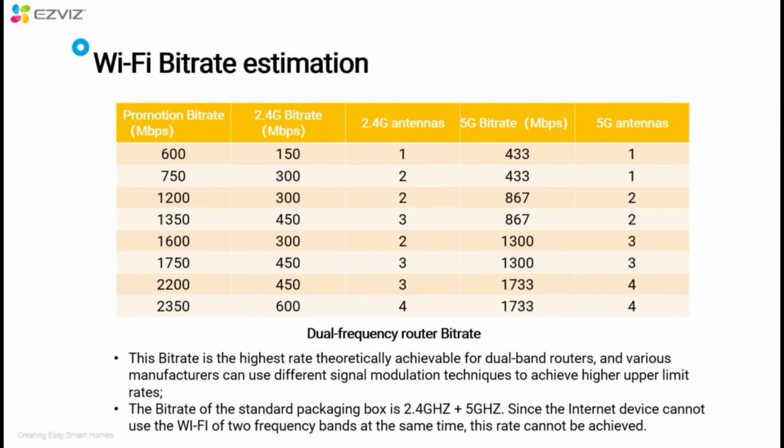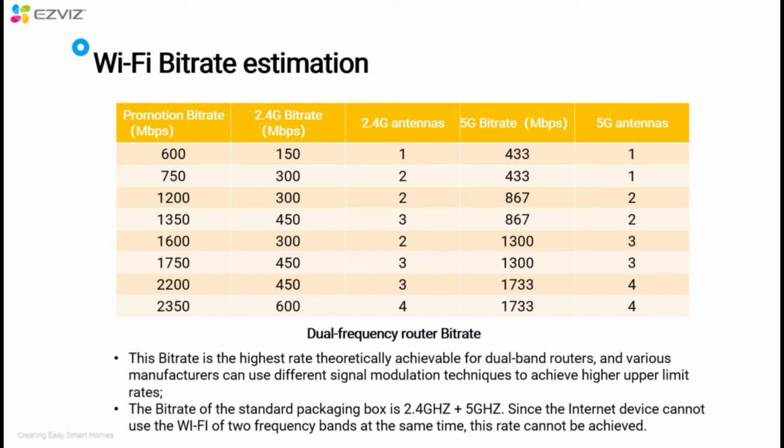And these are the basic parameters of the recent dual frequencies router bitrates. So these are only the theoretical limit rates in the 2.4 GHz and 5 GHz.